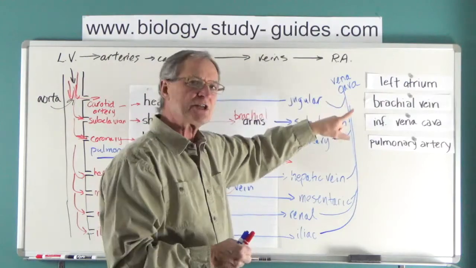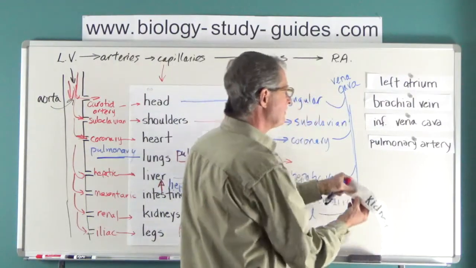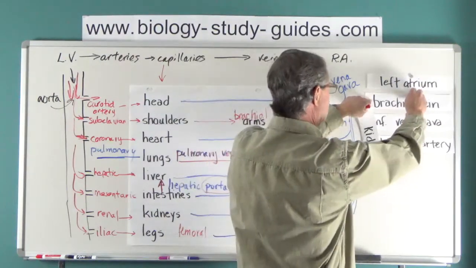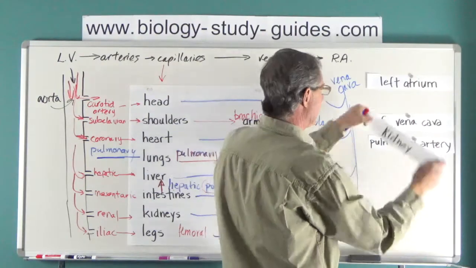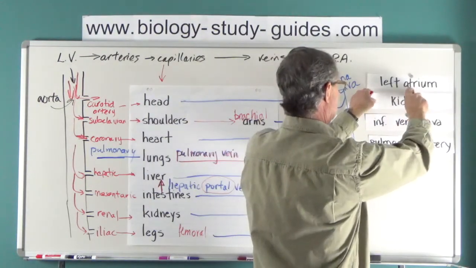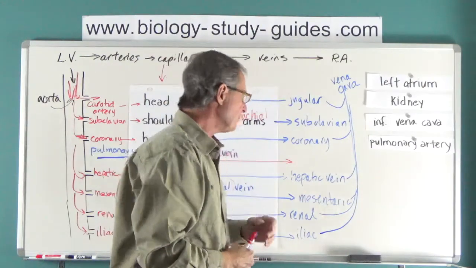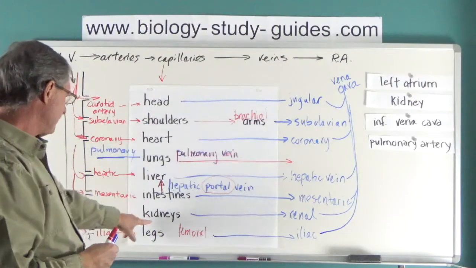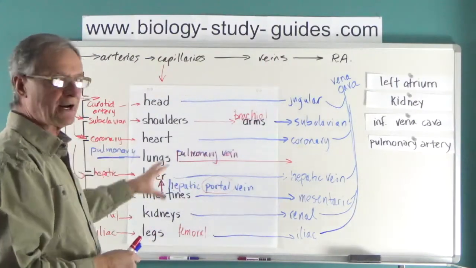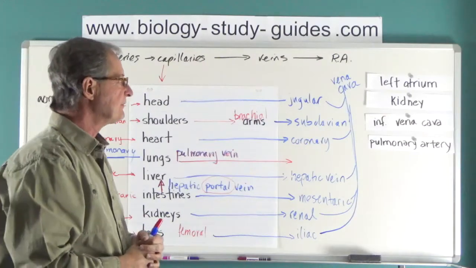This little challenge gets immediately more difficult if you were to replace one of these, and let's pick this one, with an organ. The kidneys. So instead of dealing with the blood vessel, you have to reorient yourself and go down here, kidneys, and the pattern follows. But it gets a little bit more challenging when you do it that way.